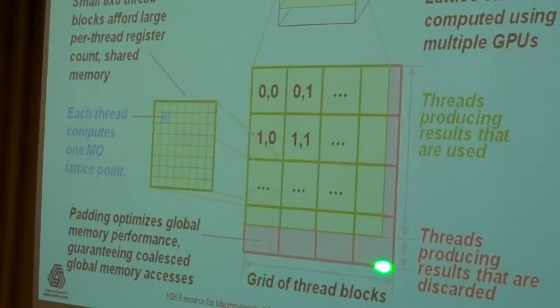And so exactly as we've described before, we have a little padding region at the edges, and then these results are typically just discarded. And so we do the work to compute them, but we throw them away.